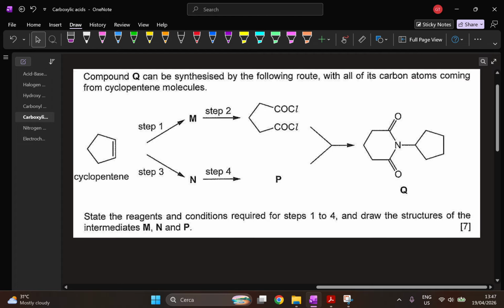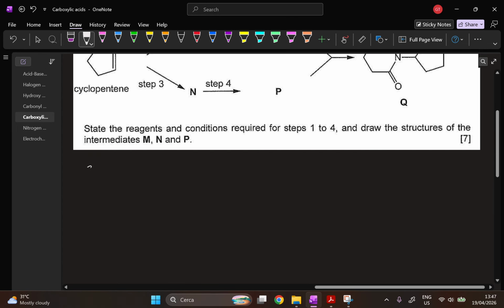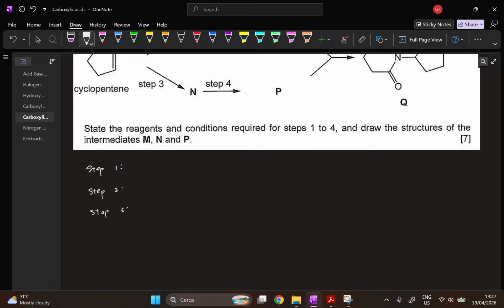Yes, you can. But since they've already drawn it for you, I highly suggest you don't waste your time copying. Just write here nicely step 1, step 2, step 3, step 4, and then just draw the intermediates that they want. Please don't waste time drawing out the entire scheme again if they do not ask you to.